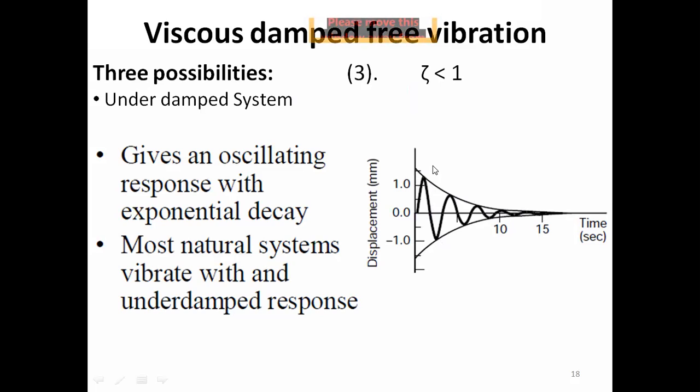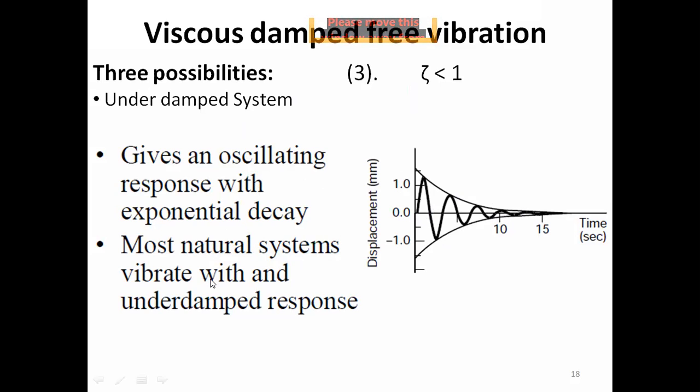This is the exponential decaying function on the other side. And this quantity is actually the capital A. So in this case, there would be an oscillatory response, an oscillating response with exponential decay.